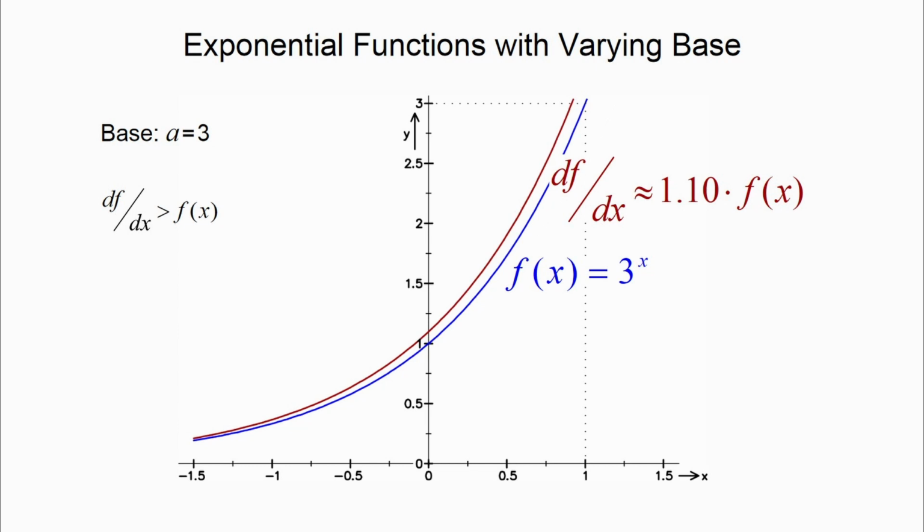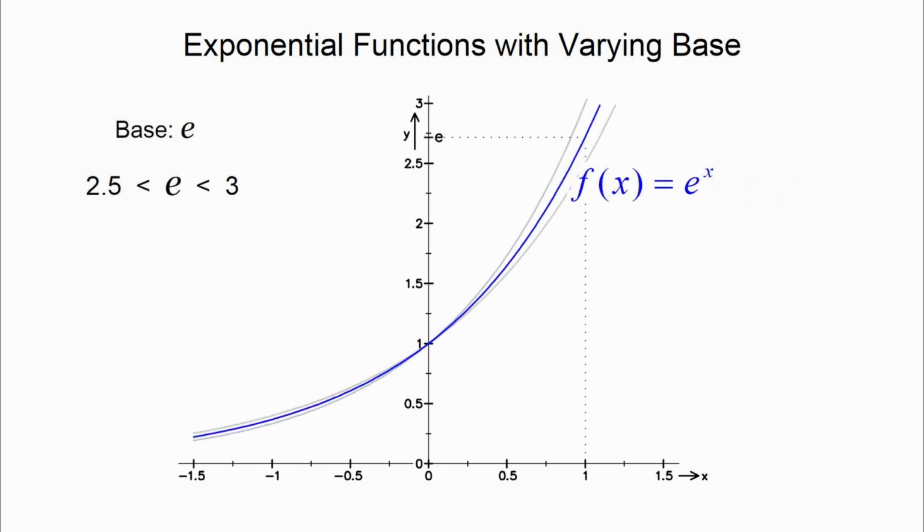But now we have overshot the target, as the derivative appears to be some 10% higher than the function itself. This experiment leads to the conclusion that somewhere between 2.5 and 3 there must be a value for the base a that will have the derivative become equal to the function.